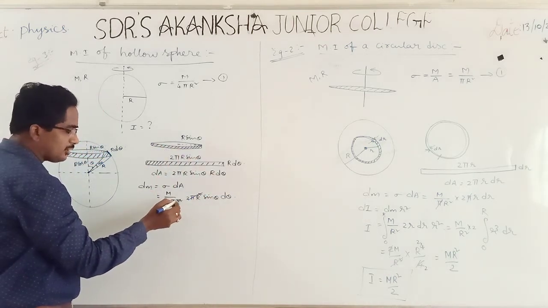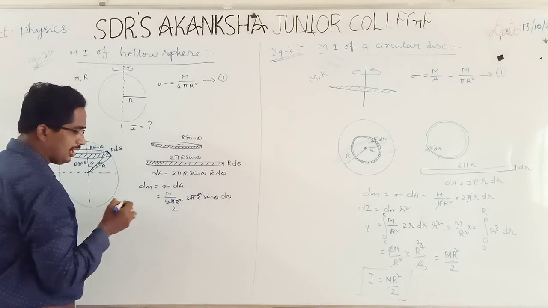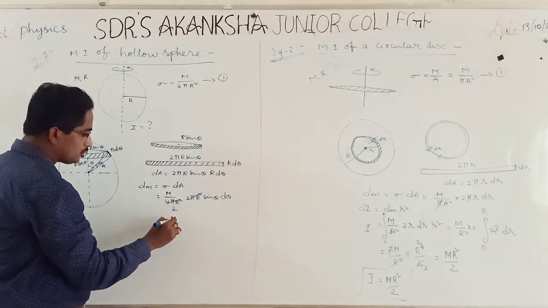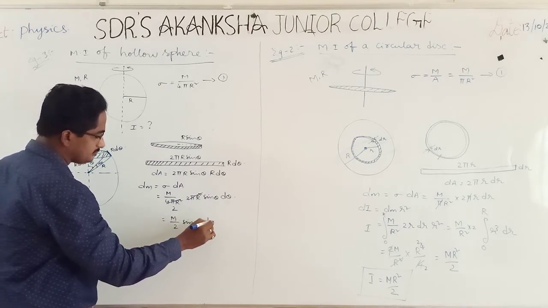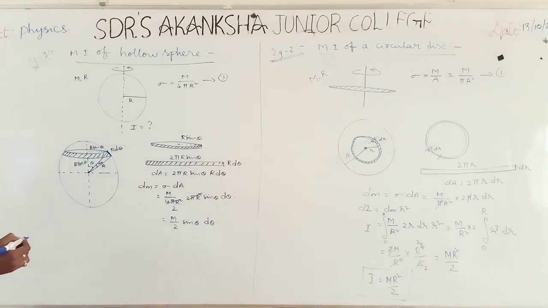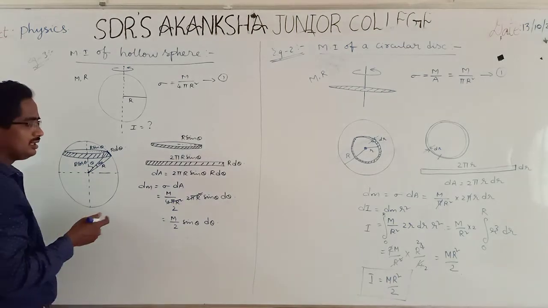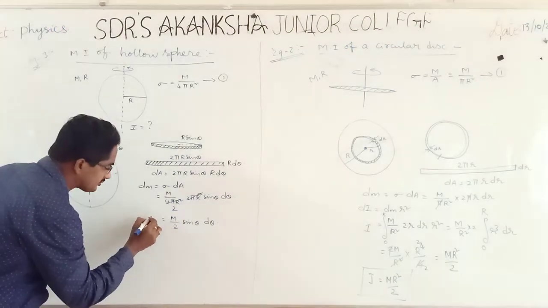Now 2 pi r square cancels, and you have M by 2 into sin theta d theta. That is actually the mass of this one.